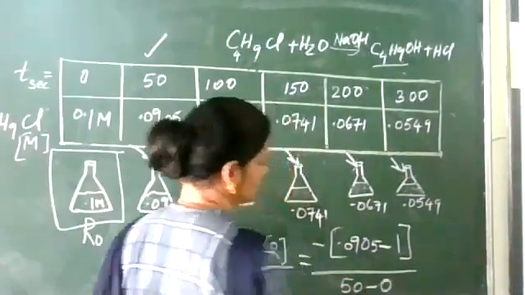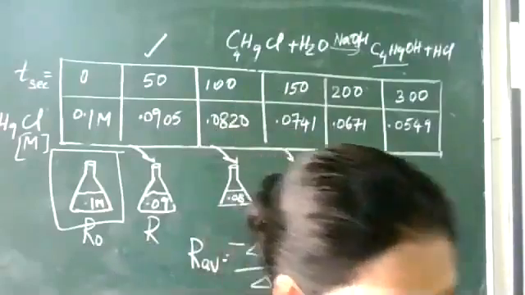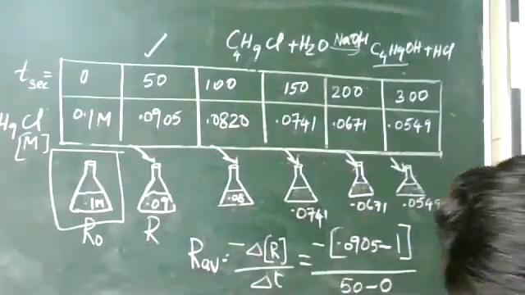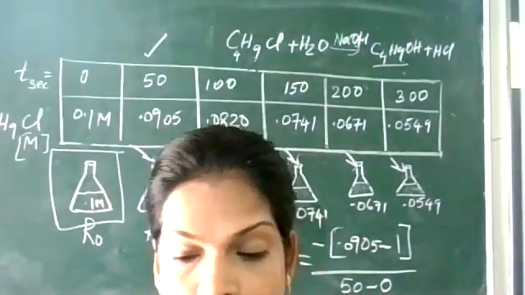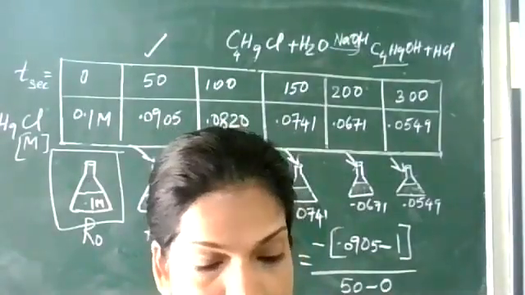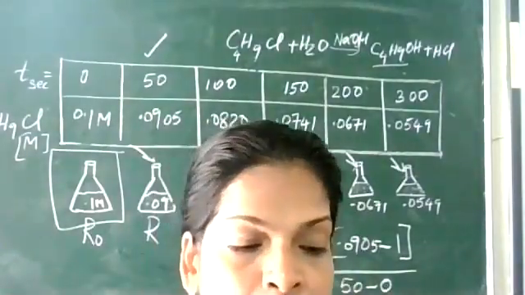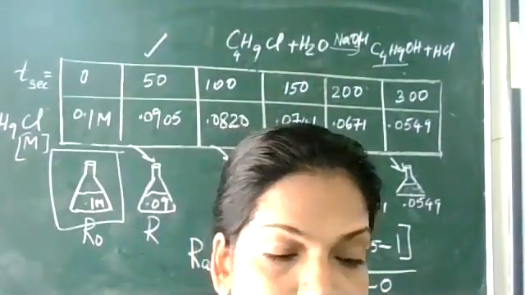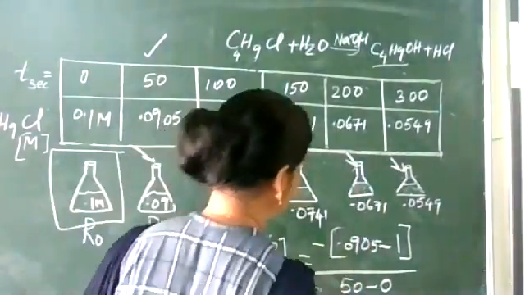You can calculate it and you will get the value as 1.9 into 10 to the power minus 4 moles per liter per second.